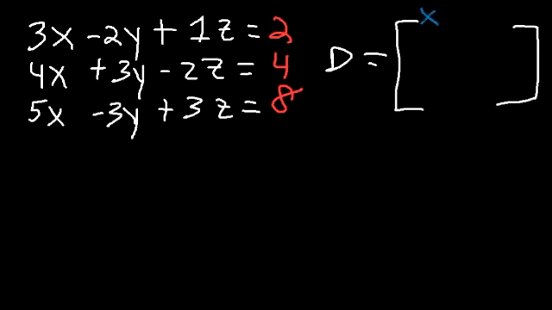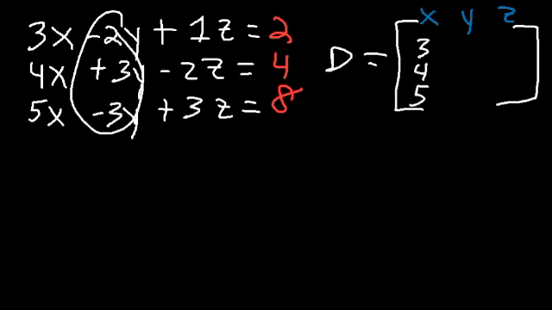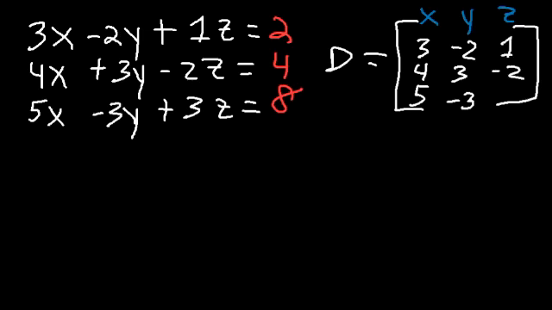So we have x, y, and z. The coefficients for x are 3, 4, and 5. And the coefficients for y are -2, 3, and -3. And for z, it's 1, -2, and 3.